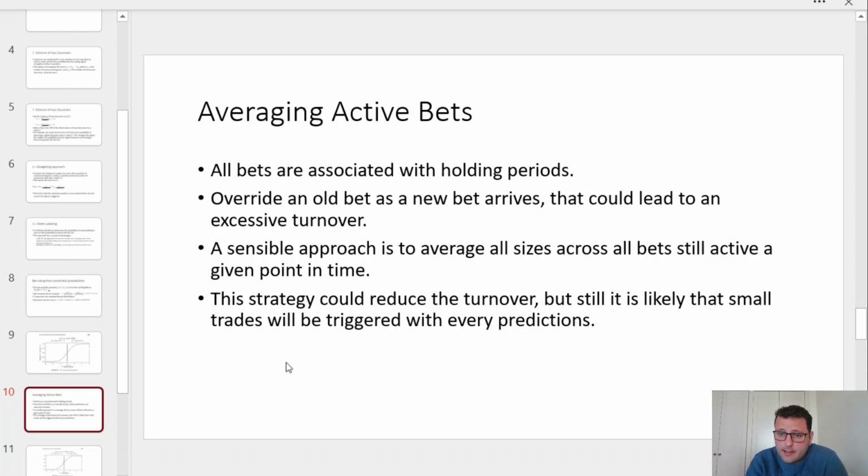And these are the bets that are active. What's the idea behind this? We already have some bets, and our model brings us new bets. We should not override these bets all the time because we're going to trade a lot. So we should average these active bets for a model.